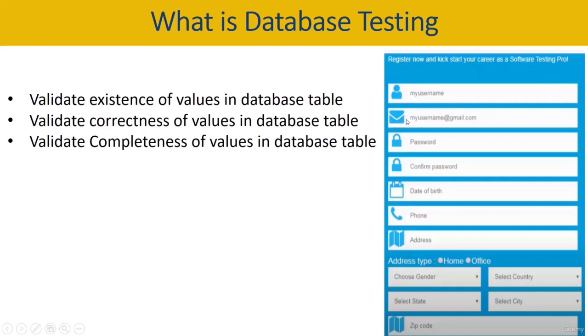If you specify the email like this, the complete email should be present there. In the respective fields, the username should map in the backend to the customer name column of the customer table. That should not be the case, like customer name showing in the email column. If that is the case, you need to raise a bug and report it to the management and the development team.